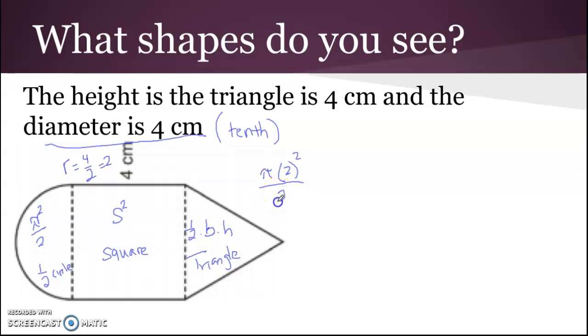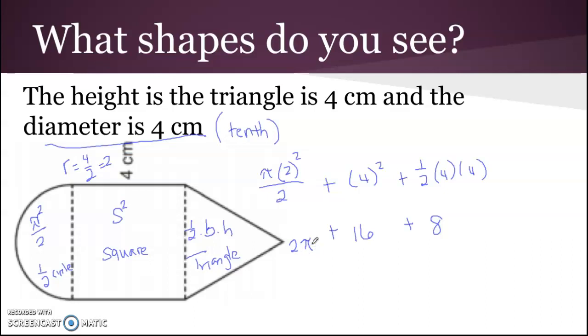Don't forget it's half of a circle, so we divide by 2, plus 4 squared plus half 4 times 4, and let's see what this works out to. 4 squared is 16. 4 times 4 is 16, divided by 2 is 8. 2 times 2 is 4, and then half of that is 2, so this is actually 2 pi, right?